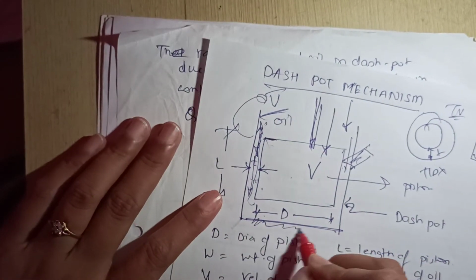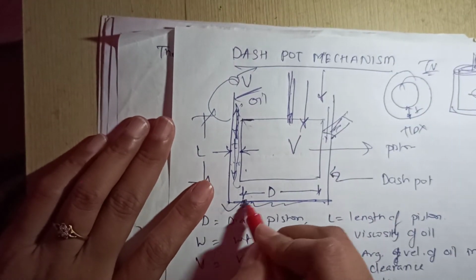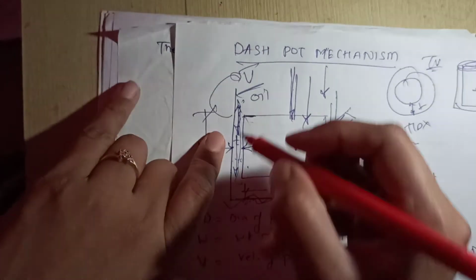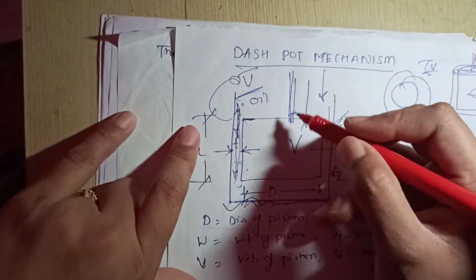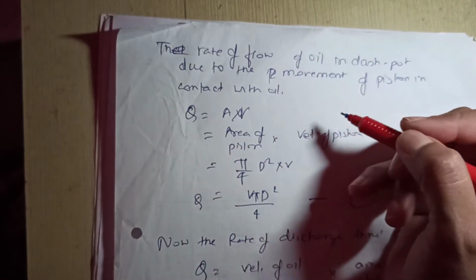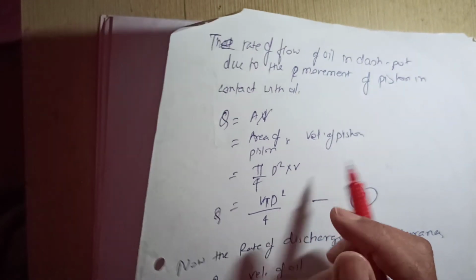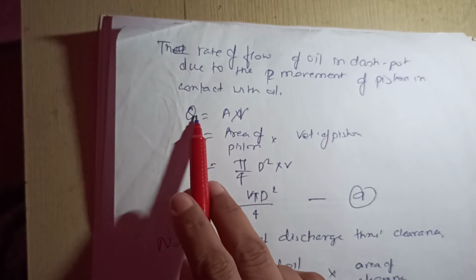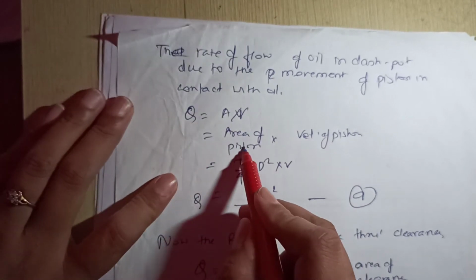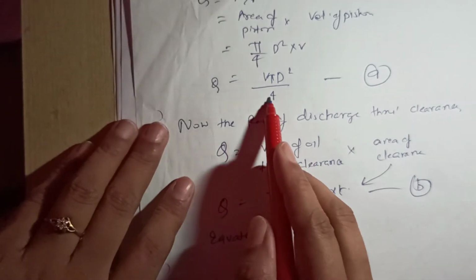But this end is not closed, it is open. So the oil will move along with the piston at the velocity of the piston. Therefore the movement of the piston imparts movement to the oil, causing a flow of oil, and that flow can be measured as area into velocity of the piston. So we get equation A.